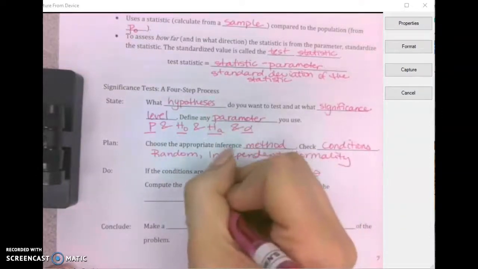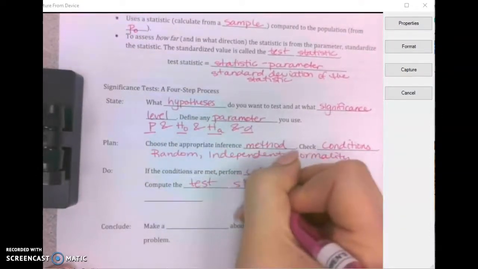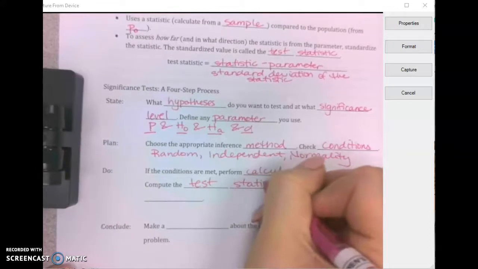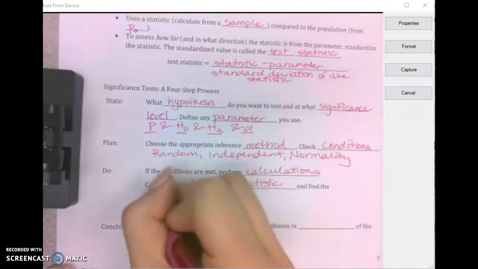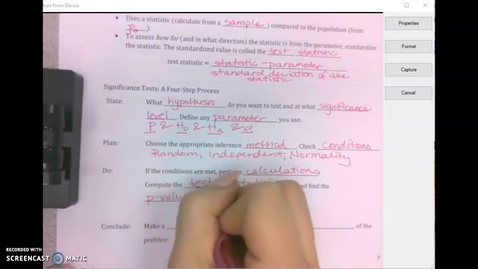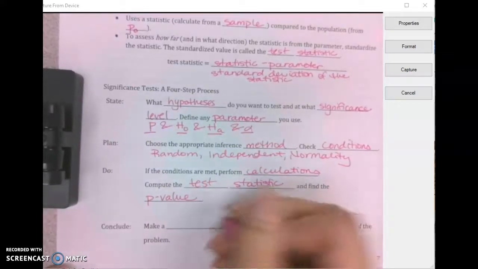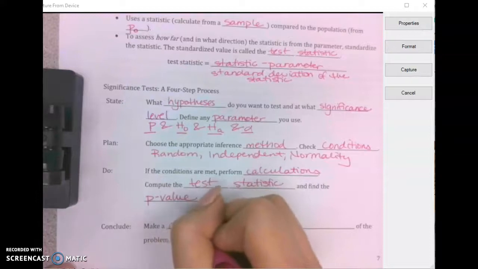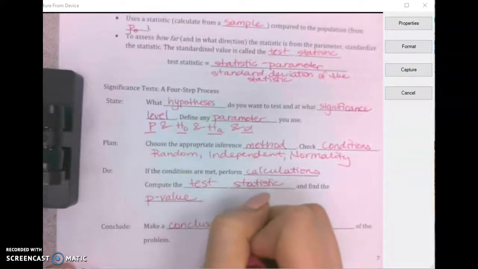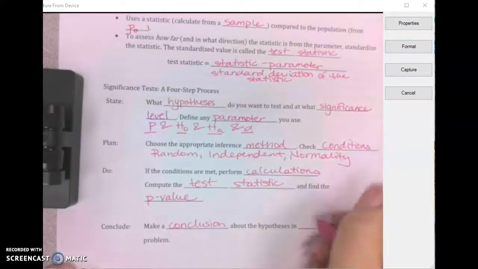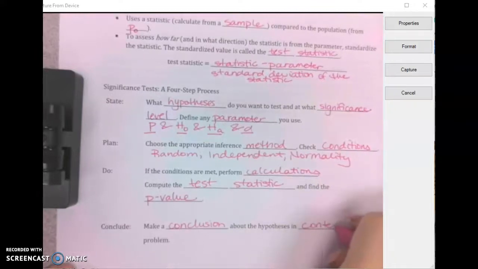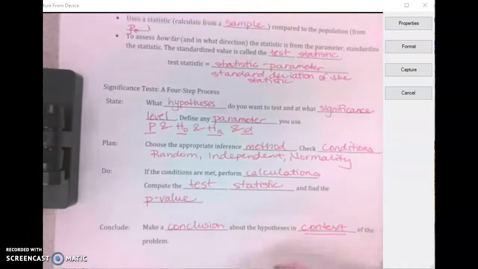We compute the test statistic and find the p-value, the probability that you get something as extreme or more extreme, and then we make a conclusion about the hypotheses in context. Make sure that you are putting this back into the context of the problem.